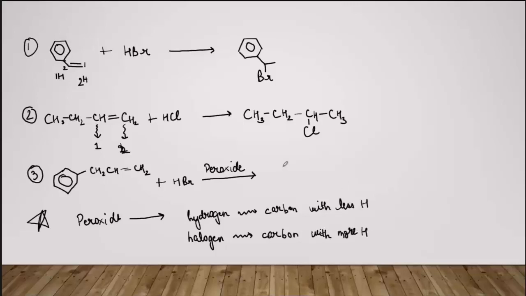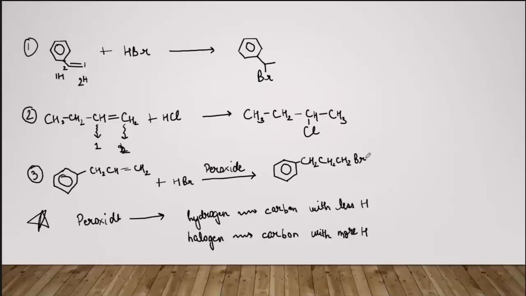It's just the opposite, but you'll have to remember. So now the product here will look like CH2, CH2, CH2 and Br. So here the halogen is getting attached to the first carbon. Okay? So this was the example related to the Markovnikov's rule, and now we will move on to the physical properties.